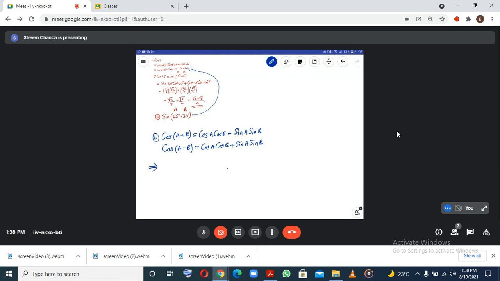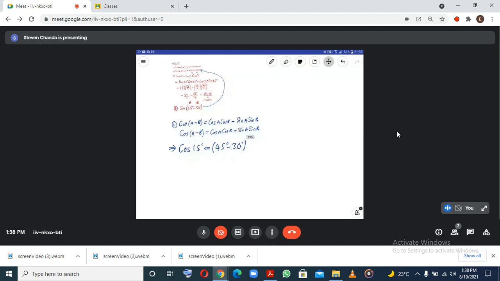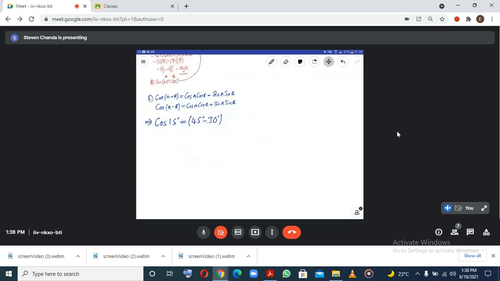So let's find cos 15. How can we find cos 15? We say 45 minus 30. Please, someone look up what sine 45 and sine 30 are, so that we can go through this quickly.